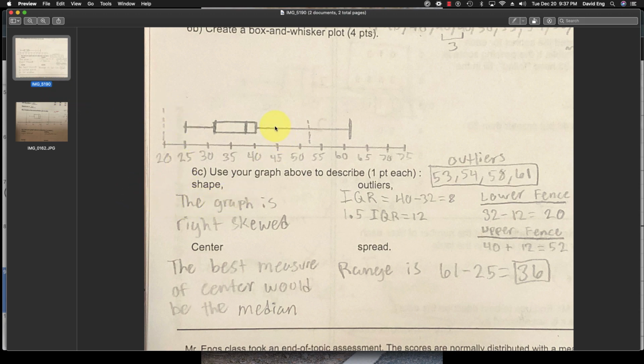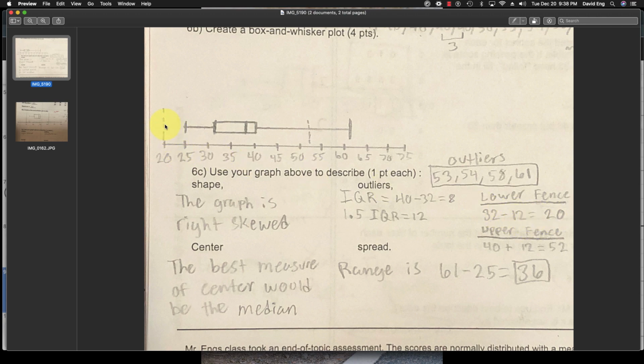Let's take a look at this student's work. So the graph is right skewed, which is correct. For outliers they did the formula, IQR is Q3 minus Q1. And then 1.5 times IQR is 12. The upper fence, which they showed here, is quartile 3 added to the 1.5 IQR, so 40 plus 12 gives you 52, and then the lower fence is quartile 1 minus 1.5 IQR, which gives you 20.